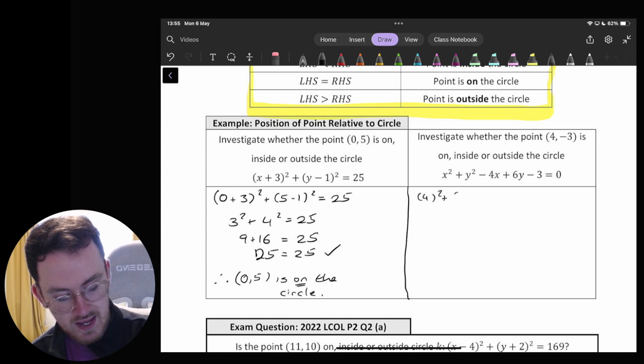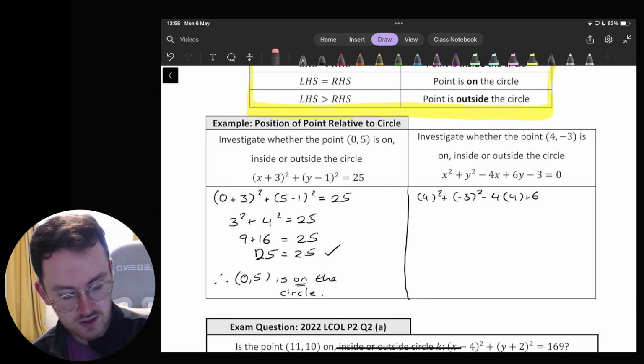If we try the right hand side here, this other example, the same again: where is the point relative to the circle? This time I have more places that I need to sub this in, because we're using that longer format of the equation, but the overall end result is the same. I'm going to look at the end result that I get on the right hand side here and compare it with the end result on the other side.